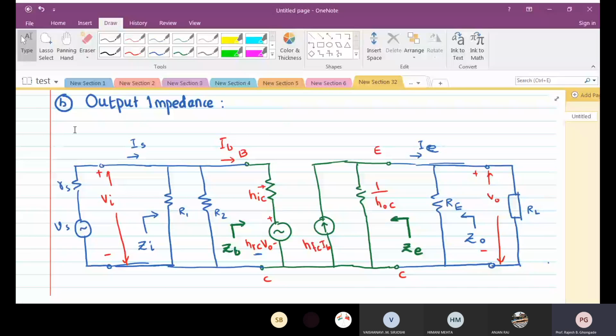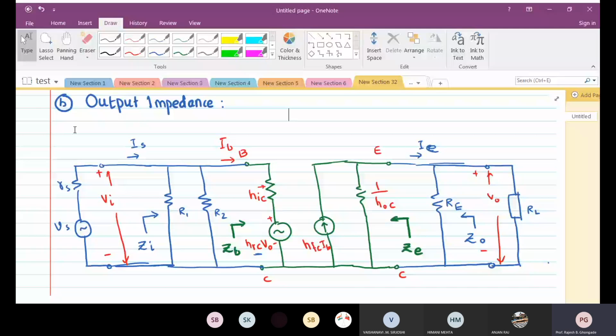We derived the equation. First of all, we saw the H parameter equivalent circuit that is right there in front of you. Then we derived the equation for input impedance. Just to revise, input impedance for the device is equal to HIC plus HFC into RE parallel RL.